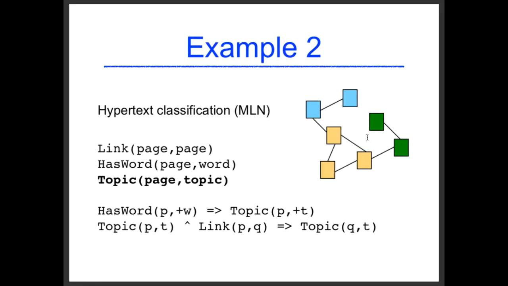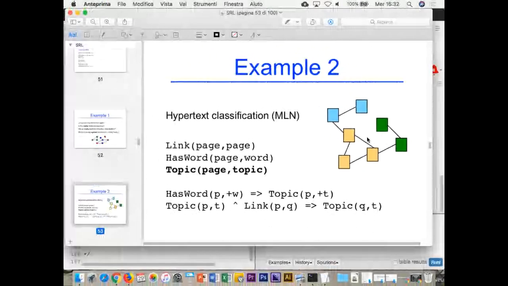The first rule says that if there is word W in page P, then it's likely that the topic of P is T. Again, there is a shortcut here with the plus, which transforms.